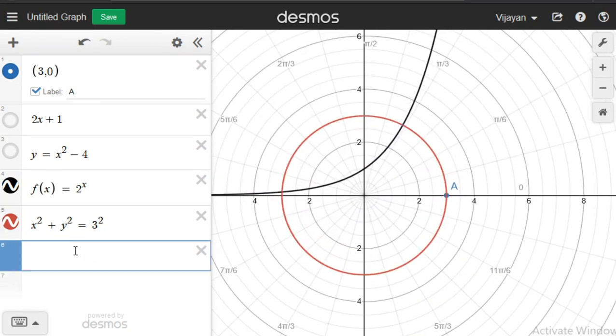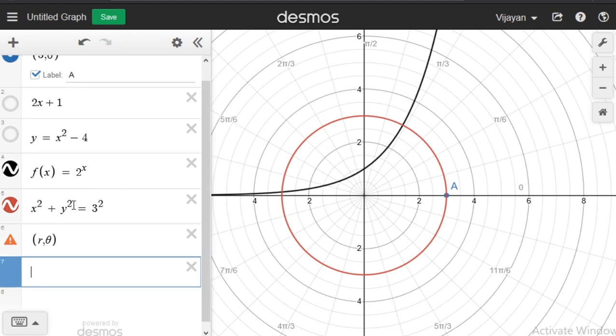Now suppose I write the ordered pair r comma theta. Automatically the software will understand that we are working with polar coordinates.